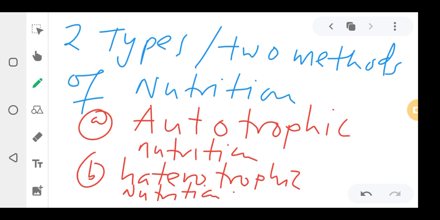Okay, these are the two types of nutrition or two methods of nutrition we have.